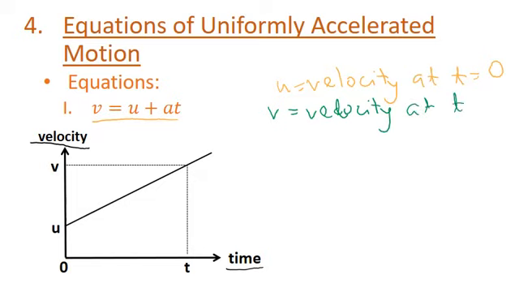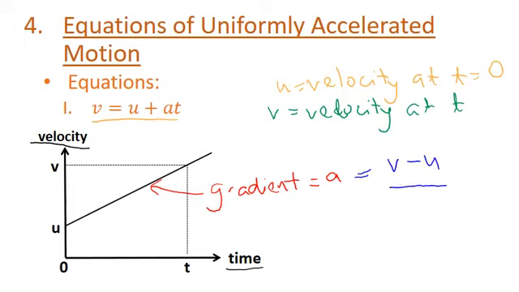So this is a straight line, and the acceleration, from its definition, is the rate of change of velocity, which can also be obtained from the gradient. So for this straight line, the gradient of the graph gives you the acceleration. If you work out the gradient of this graph, you will have an equation in this form: v minus u over t minus 0.